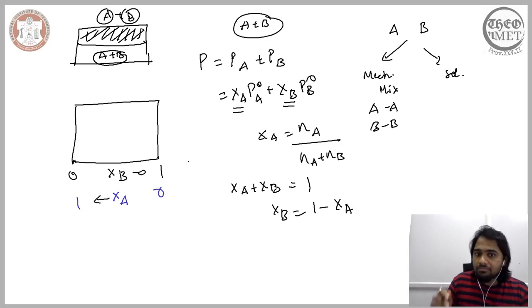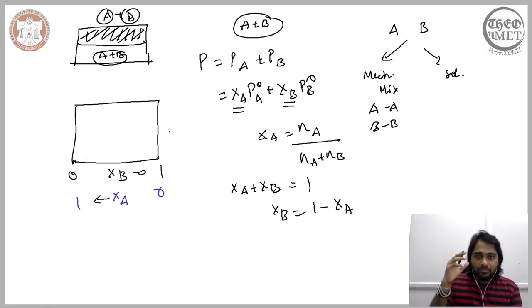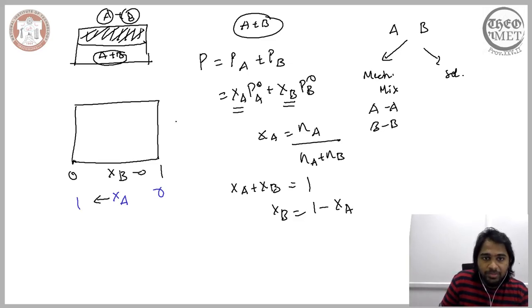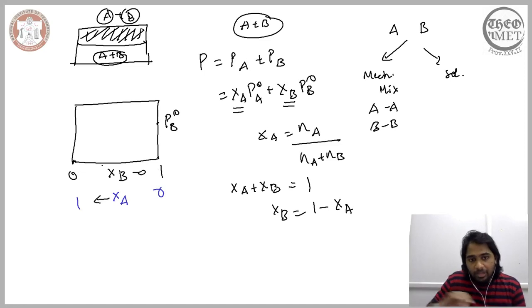When the system is completely filled with B, we have an equilibrium established between liquid B and its vapor, through the saturated vapor pressure. So we have the saturated vapor pressure of B here. The right extreme indicates pure B, and the left indicates the complete absence of B.